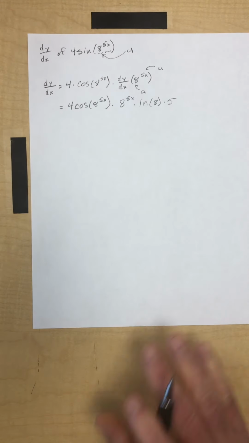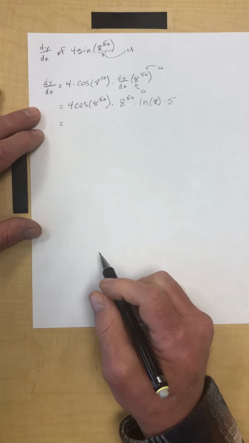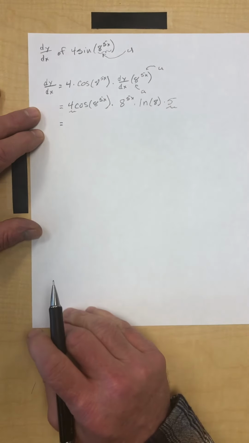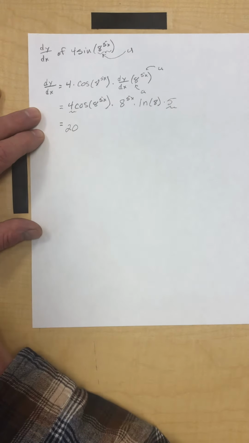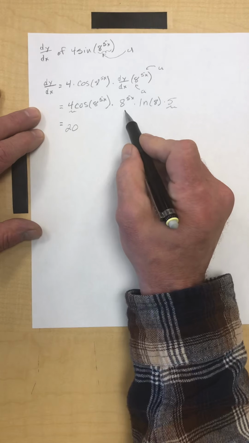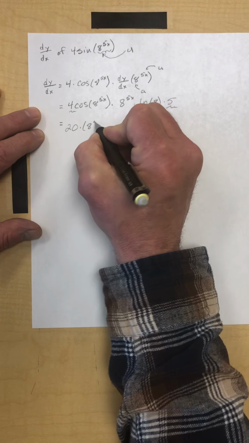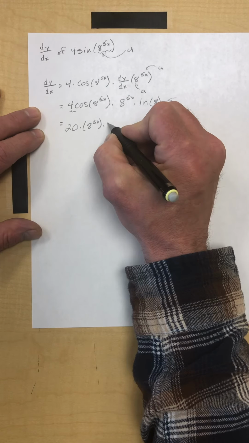So from here on out, we're just cleaning things up. I've got a constant multiplier here and a constant multiplier here, so I can multiply those, so that's my 20. I have an 8 to the 5x power. I have a natural log of 8.